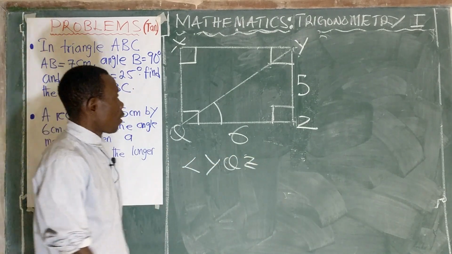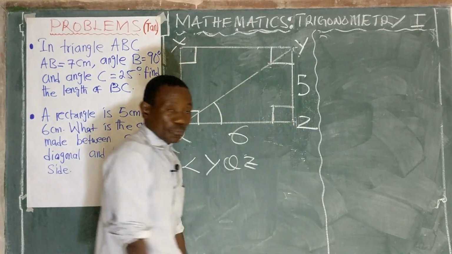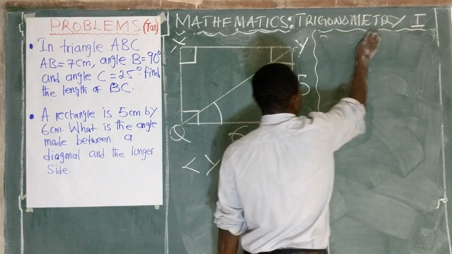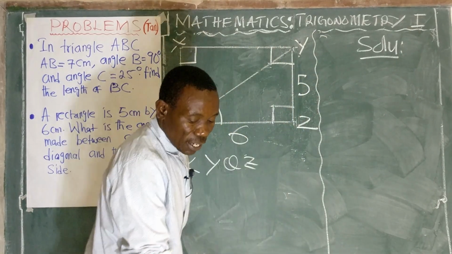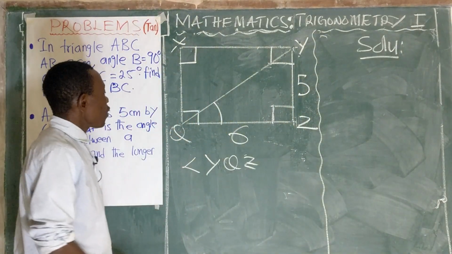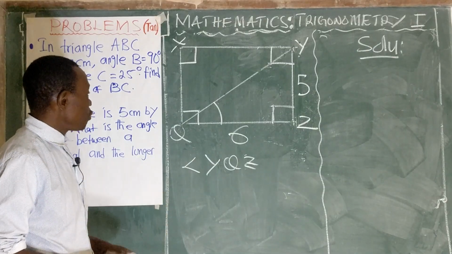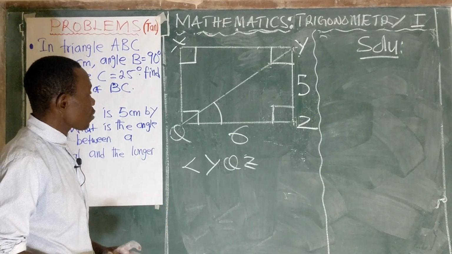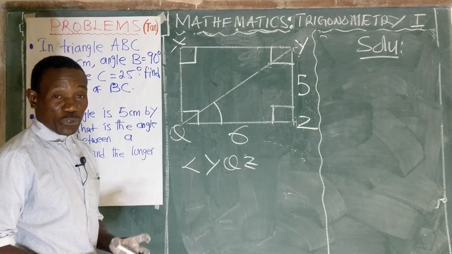Right. So now, how do I go about choosing the trigonometric ratios? My system for using the trigonometric ratios remains almost the same as when you were working out the sides. How do you choose the ratios?